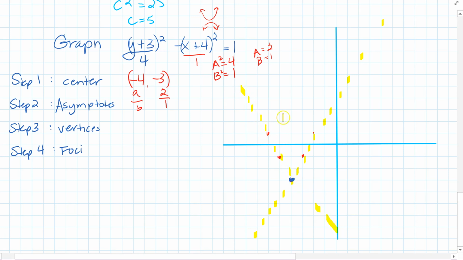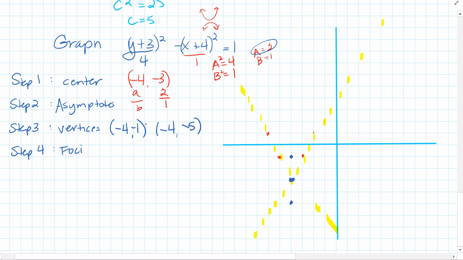Okay, so I know that my hyperbolas are going to fit in that slim little V right there. So let's find where the vertices are. Remember, it's just A units from the center, and my A is 2. It's going up, so it goes up 2 from the center and down 2 from the center, which would be -4, -1 for one of them, and -4, -5 for the other.